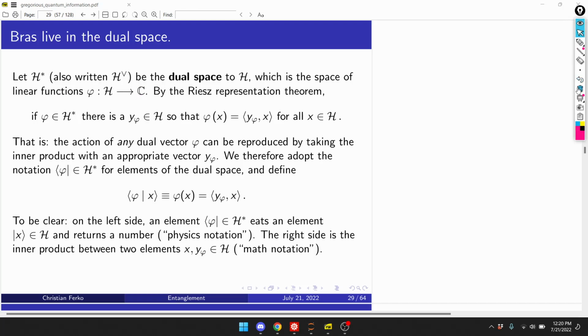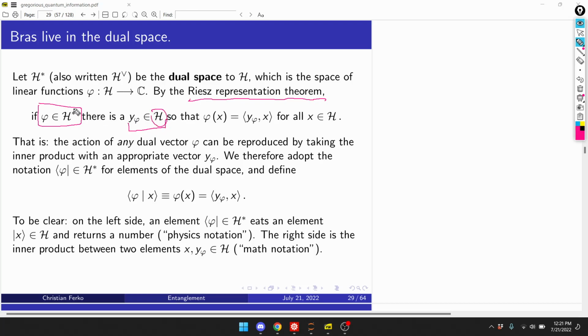Now, in any course on functional analysis, you will prove a result, which I will not prove for you, called the Riesz representation theorem. This theorem, again, sounds fancy, but the statement is pretty simple. Every element of the dual space, so every linear function from H to C, corresponds to a particular element of H itself, which I'll write as y sub phi.